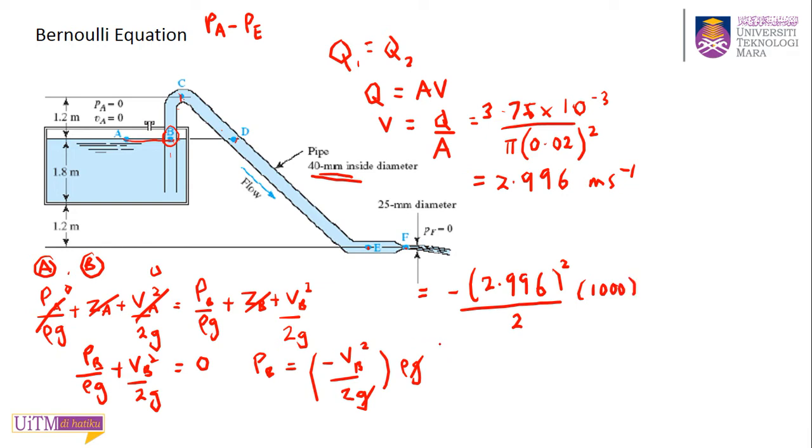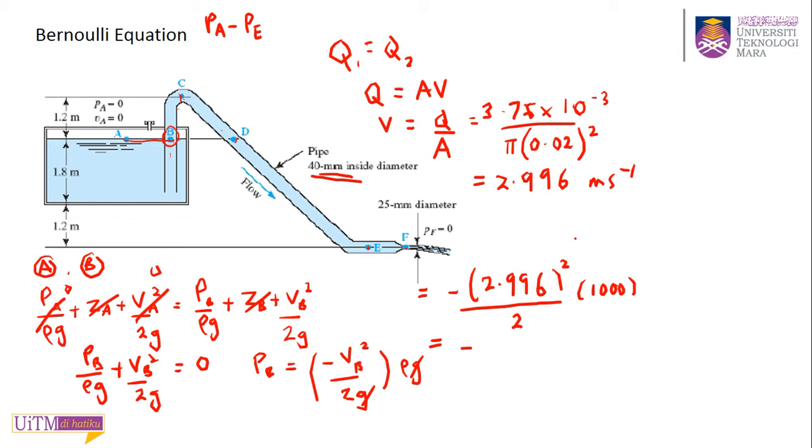So this will give you your PB. What is PB? Negative, how much? 3 squared is 9, divided by 2 is 4.5. Roughly 4,000, 4,500.